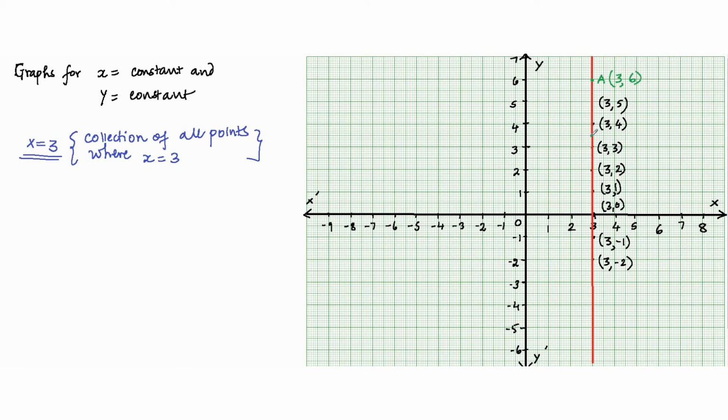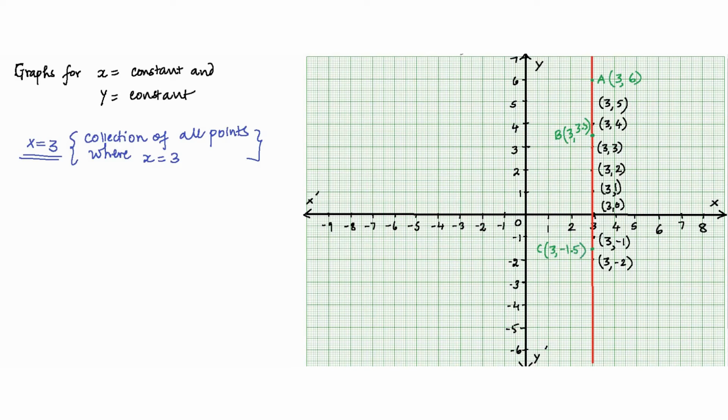Similarly, if you take this point B, the x coordinate is again 3, the y coordinate is 3.5. Similarly, take this point C, the x coordinate is 3 and y coordinate is -1.5, right?